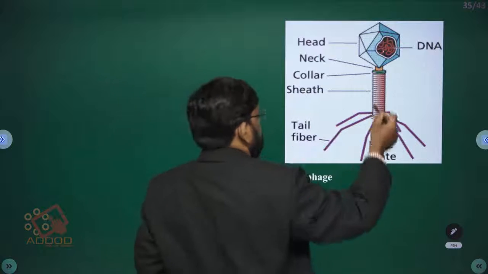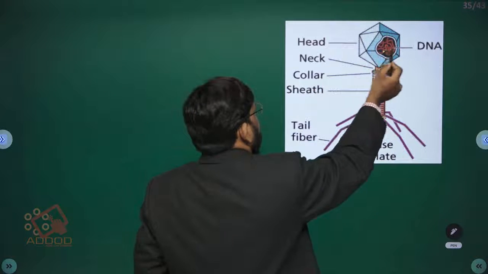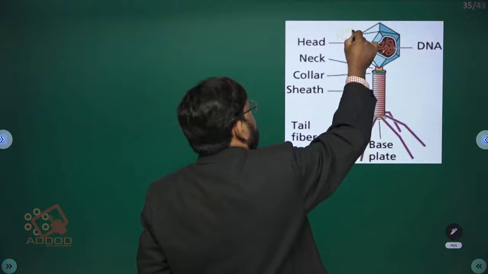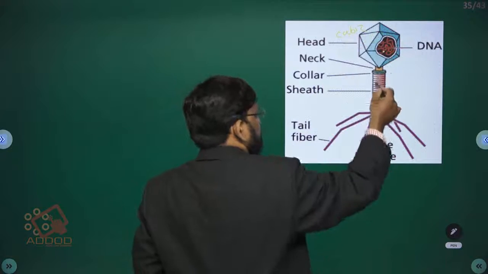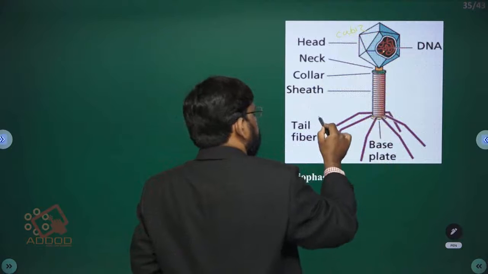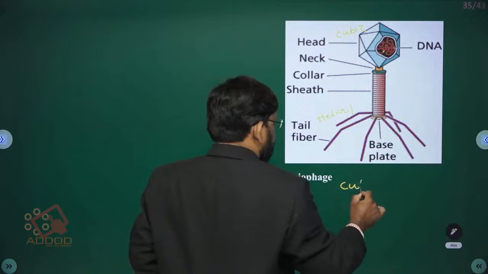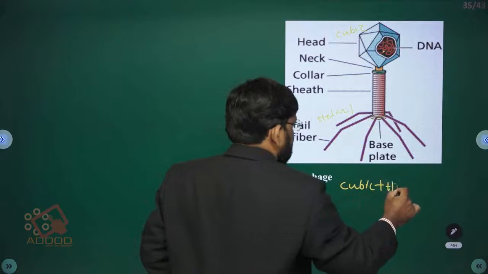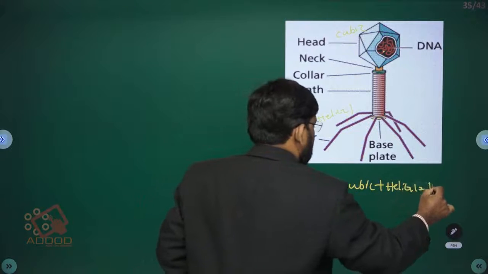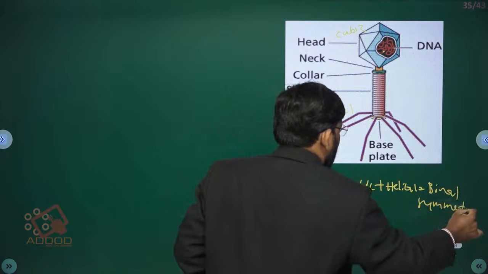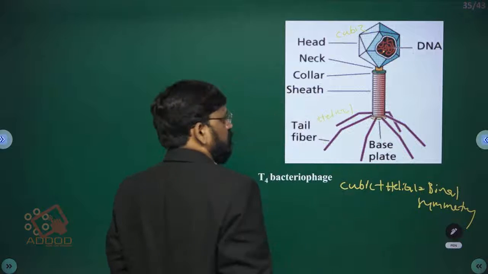The head is hexagonal in shape, showing cubic symmetry, and the tail shows helical symmetry. When both symmetries are present, we call it binal symmetry. A very good example of binal symmetry is the T-even bacteriophages.